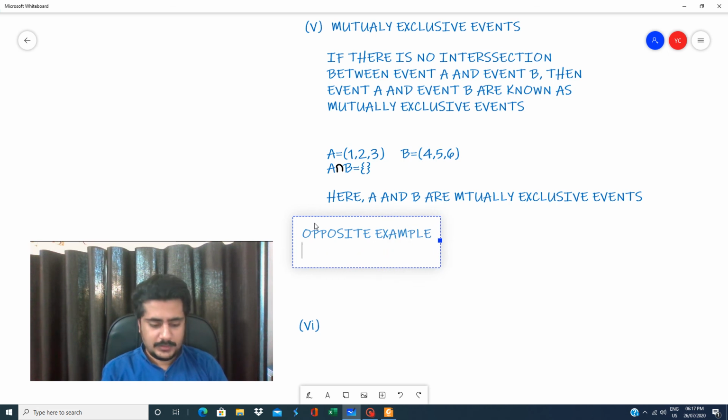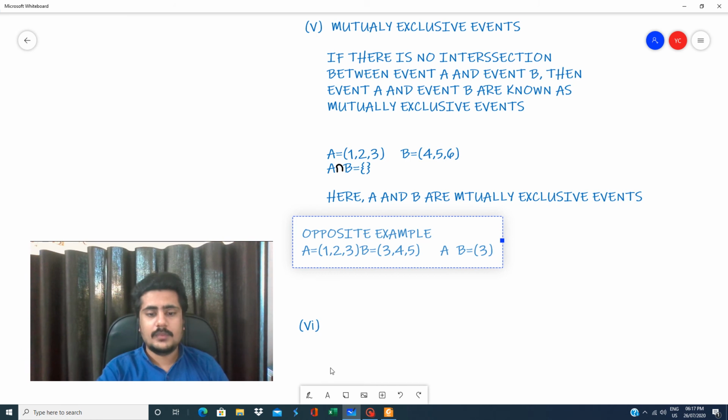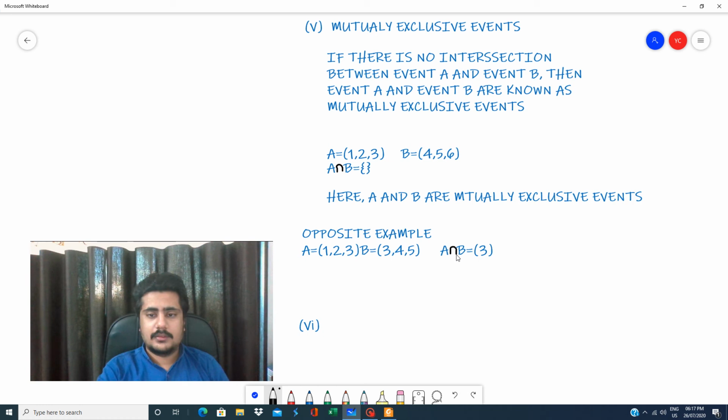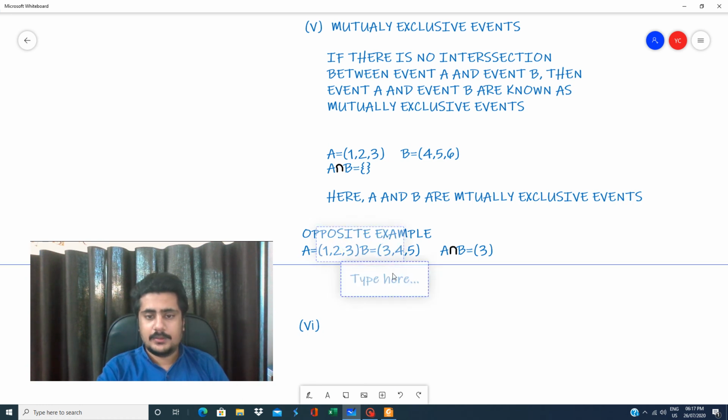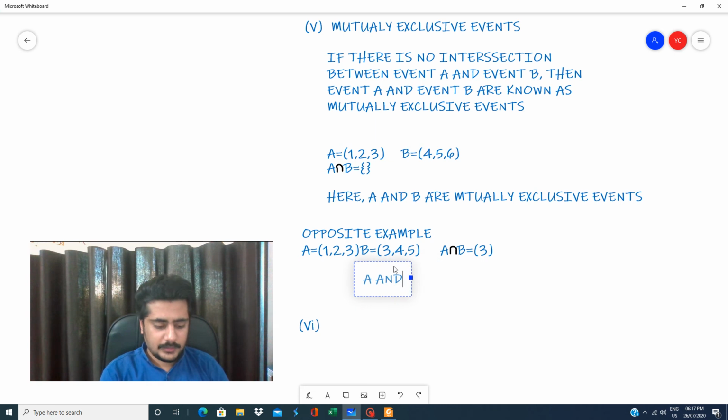Let me take A as 1, 2, 3, and B as 3, 4, 5. So here, A intersection B will be 3. As you can see, there is an intersection between A and B. Now here, A and B are not mutually exclusive.